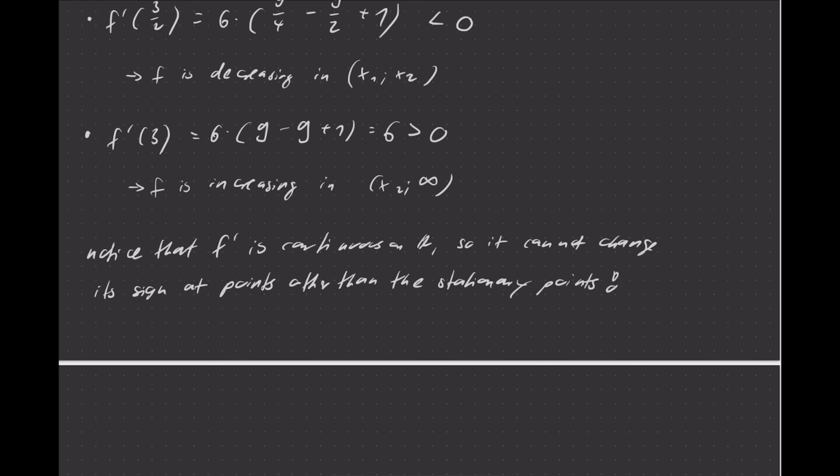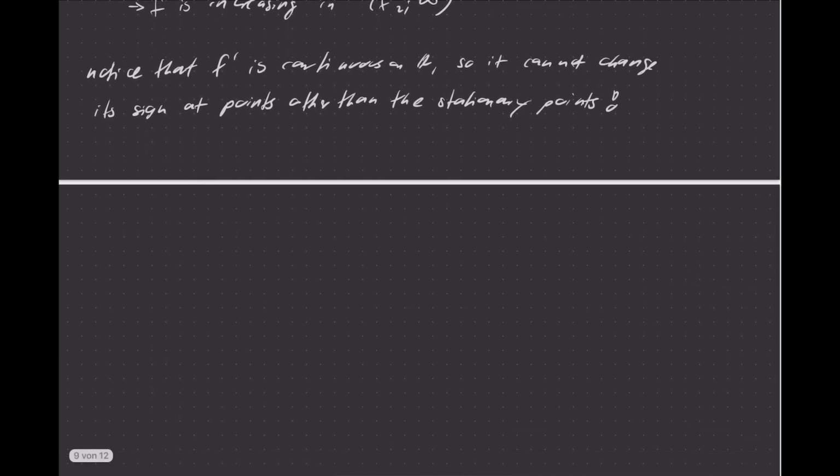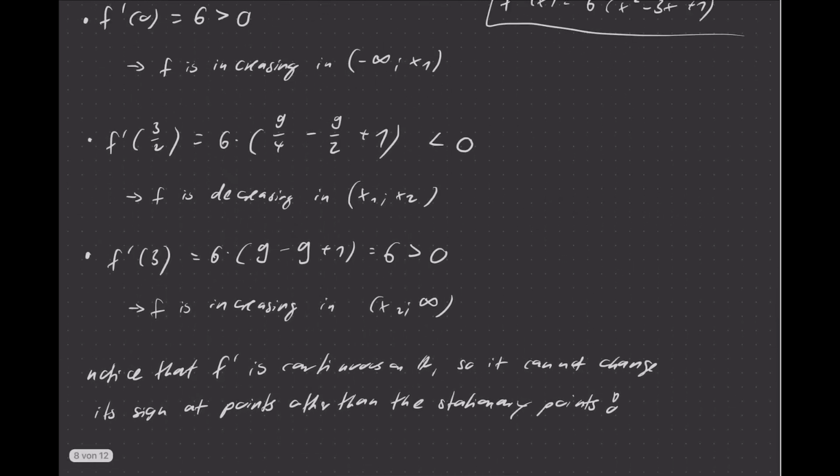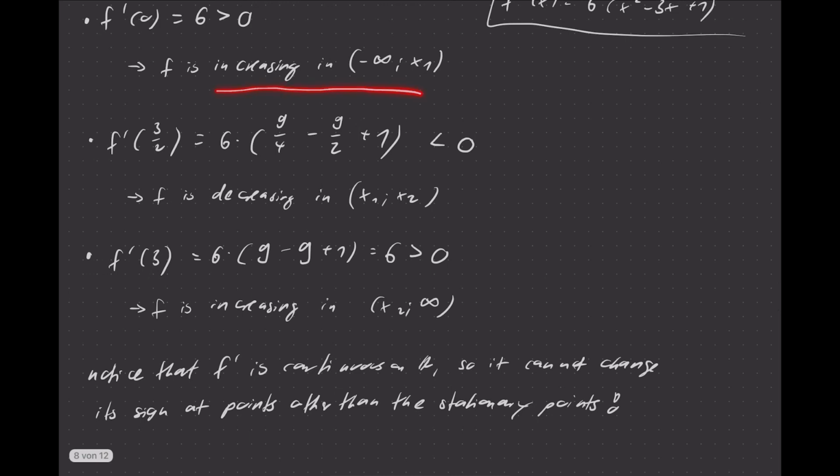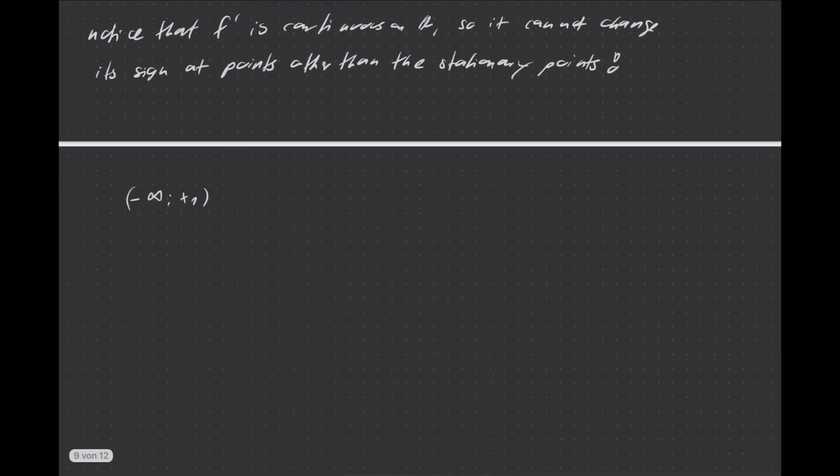Okay, so we have a continuously differentiable function here. And what does that mean? Let's summarize the results that we found so far. In the interval from minus infinity to x1, we have a function that is increasing. So the function rises like this. Then we have the point x1 here.